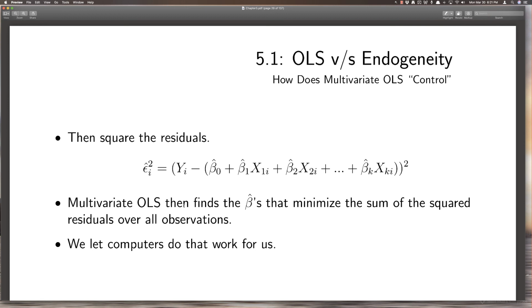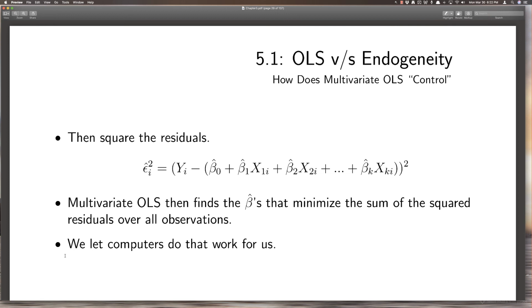So multivariate OLS finds the betas, all of them, that minimize the sum of the squared residuals. Just like in the bivariate case, it found beta naught and beta 1 that minimized the sum of the squared residuals. It's still the best fit line. It's still the line that goes through the cloud of dots with the least amount of error, where the dots on the whole are as close to the line as possible.